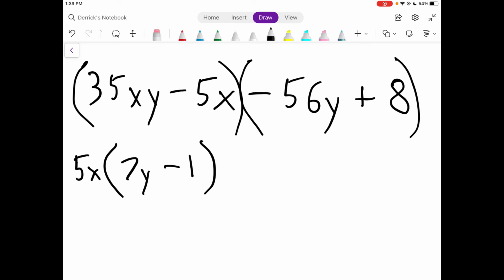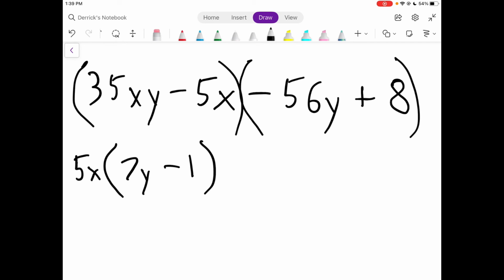The last thing I will say about factoring by grouping that you probably want to write down as a side note: if the first term in either parentheses is negative, you want to factor that negative out. Meaning, if we look at our second parentheses here, we notice that we have a negative 56y plus 8.